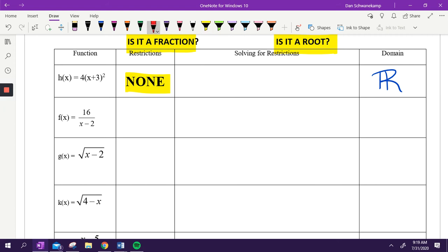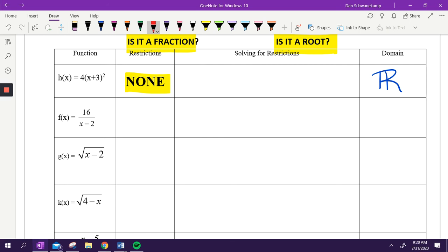I've got 16 over x minus 2. It's a fraction. So in my brain, I'm thinking, all right, there's something going on here. What could I not plug into this problem because it doesn't give me a real value? 2. Why does 2 become a restriction here? 0. We can't divide by 0.